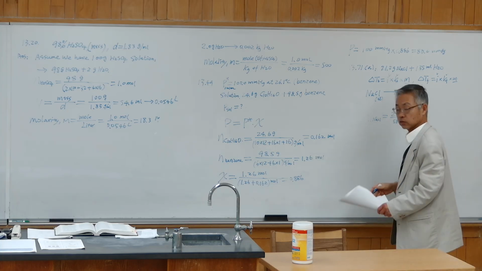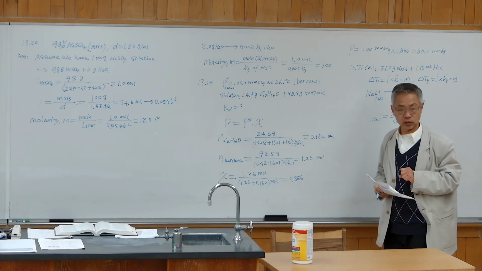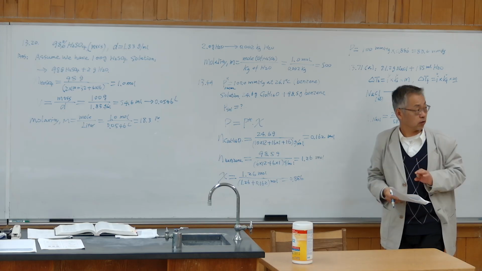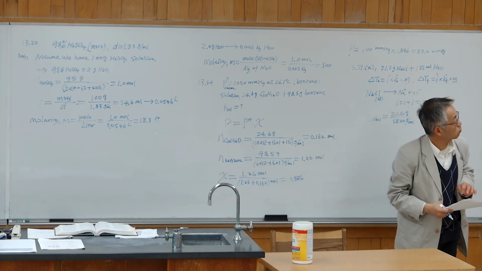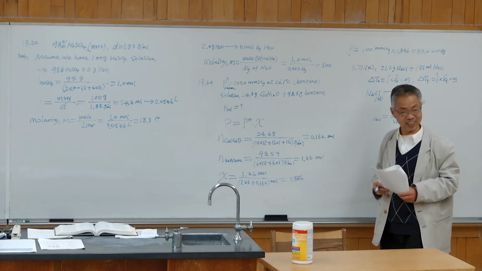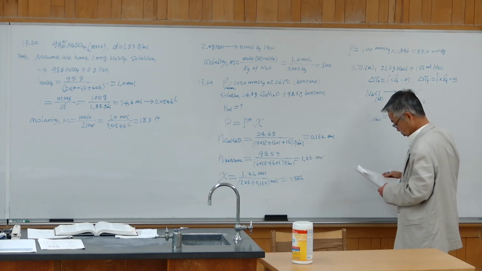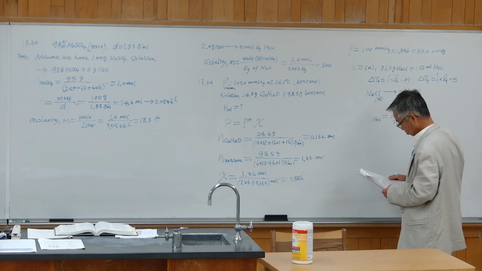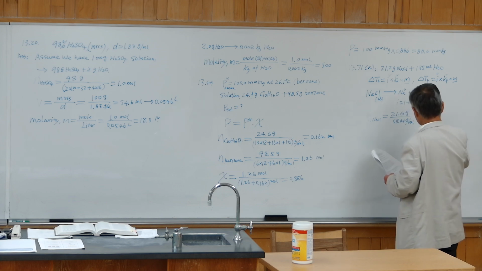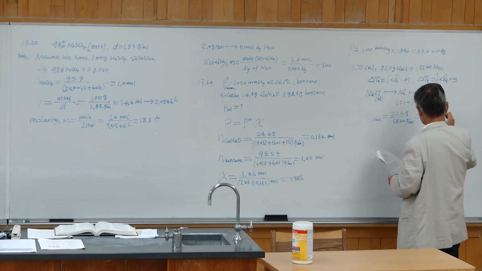For sodium chloride, use the periodic table: sodium 22.99, chlorine 35.45, together 58.44 gram per mole. So from here, this equals 0.363 mole.